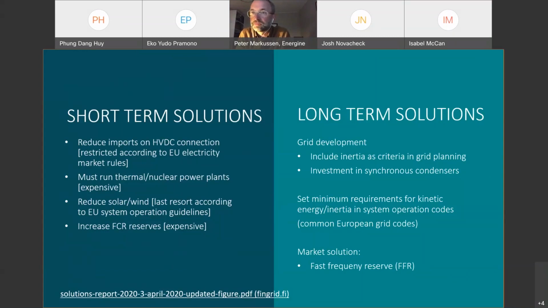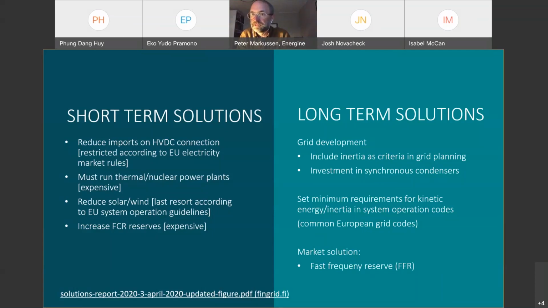But on the longer term, we can, or actually have decided to, include inertia as a criteria in our grid planning, in our Nordic grid planning. We can also invest in synchronous condensers. So in Denmark, we invested and built back in 2015 synchronous condensers both in East and West Denmark to have a more stable system.